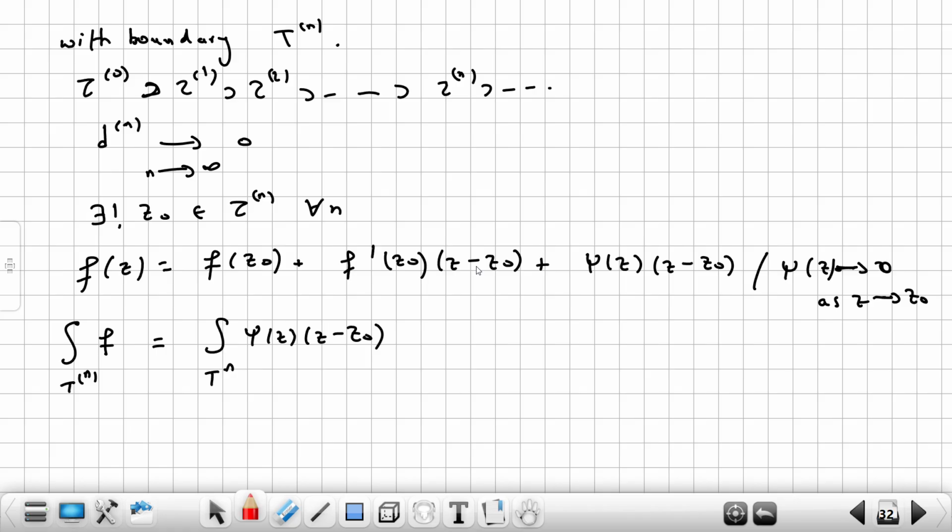Since f of z0 is constant and f prime z0 times (z minus z0) is a holomorphic function, the first two terms have integral 0 over the closed triangle tn. And finally, we obtain that the integral over tn of f is equal to the integral over tn of psi z times (z minus z0).